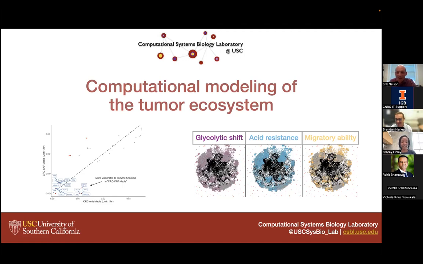Lovely talk, great work. My question is about the first part, when you're looking at the CAFs and finding that they're increasing the metabolism of the cancer cells, especially glycolysis. Cancer cells are understood to already have a really high glycolytic index.